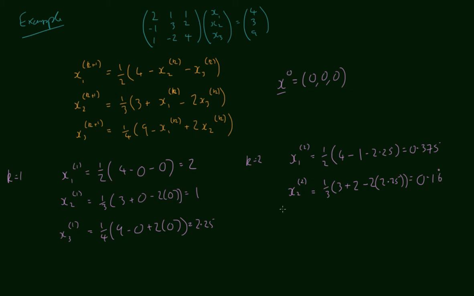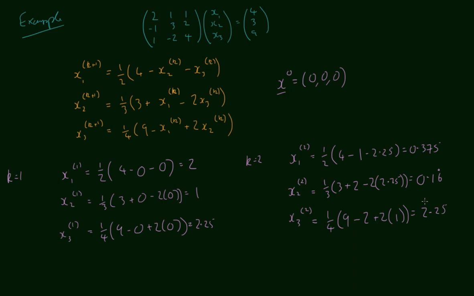And finally x3 on our second iteration is 1/4 of 9 minus x1, which was 2, plus 2 lots of x2, which is 1, and that's 2.25 again. You can see these values are different, so we went from 2 to 0.375, and 1 to 0.16 recurring.